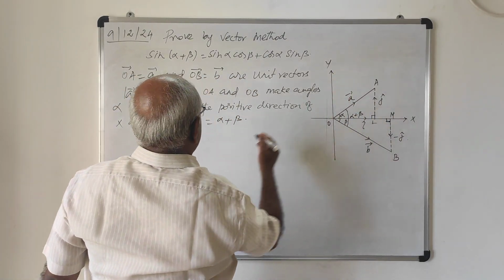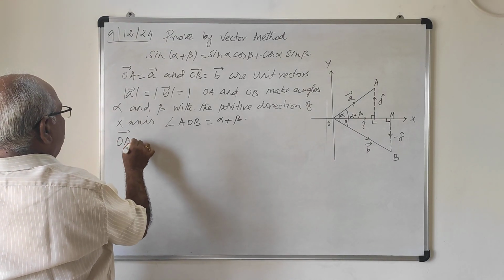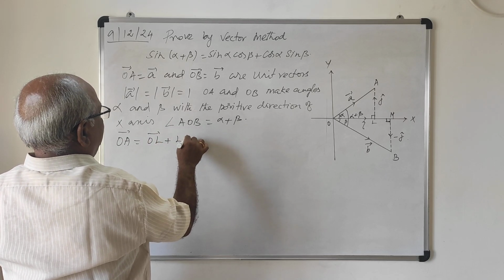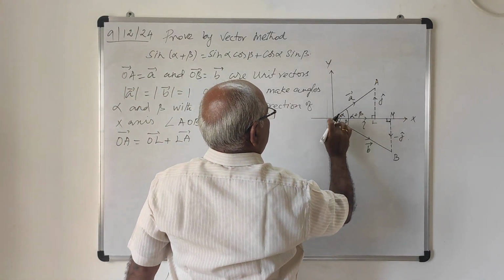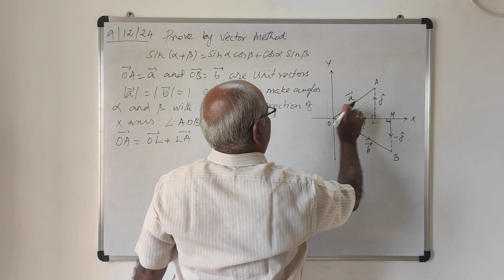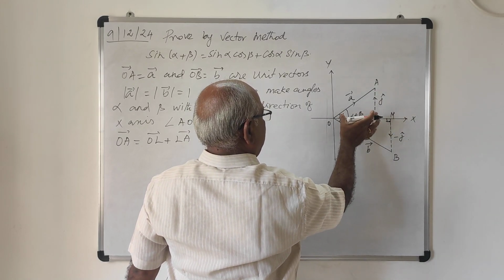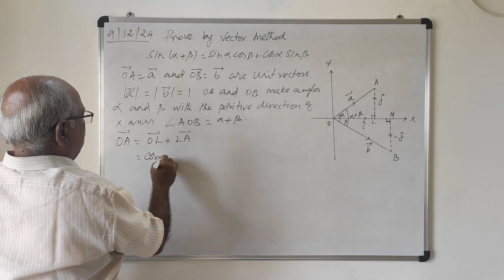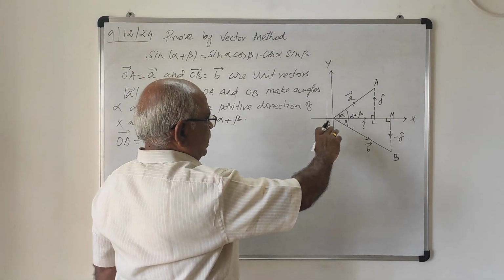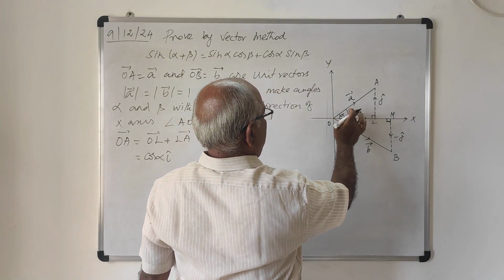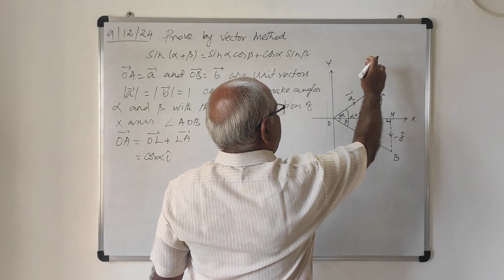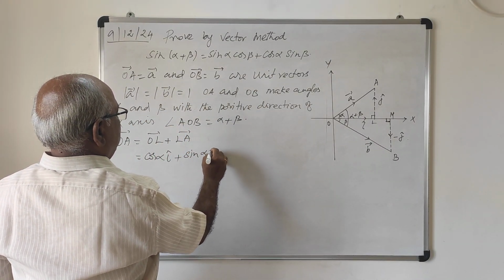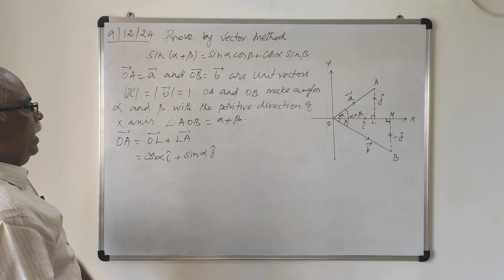You know OA vector equals OL vector plus LA vector by triangle law. OL is the adjacent side of angle alpha. Therefore OL is cos alpha into i vector, because we have already derived this in dot product. LA is the opposite side of alpha, plus sin alpha into j. This is OA.